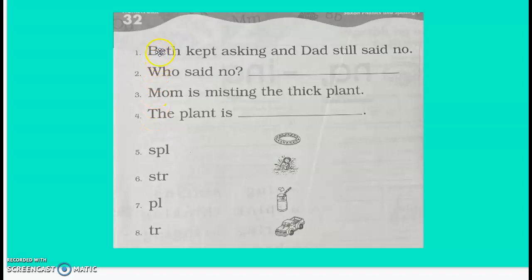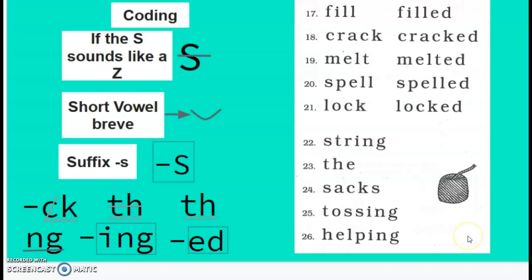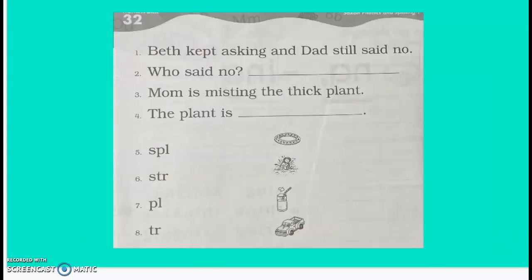Number 1, Beth kept asking and Dad still said no. Beth kept asking and Dad still said no. Who said no? Read this with me. Beth kept asking and Dad still said no. Who said no? Right.